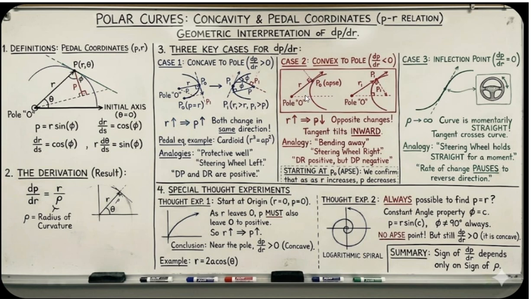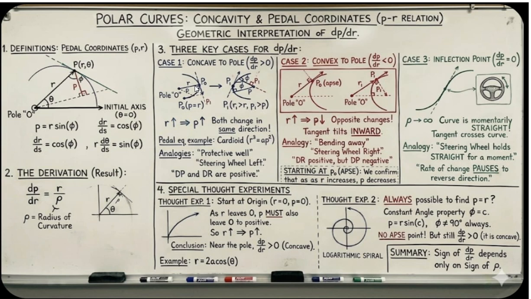Suppose you draw a tangent here, choosing a point initially here. This is the radius vector, and the perpendicular may be somewhere here only. As we move here, r increases. If you draw the tangent here, then the perpendicular length decreases as r increases, because the tangent is moving inward here.